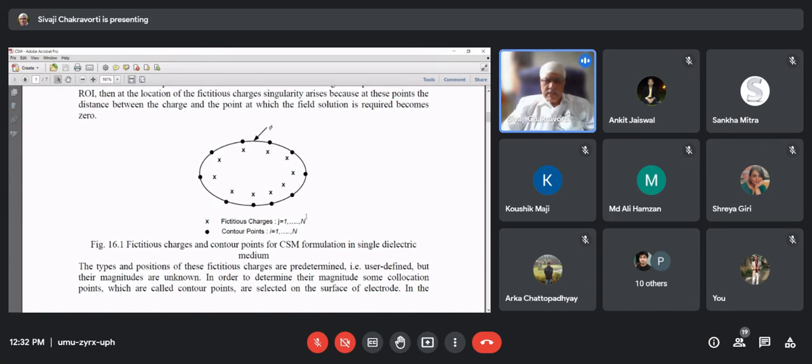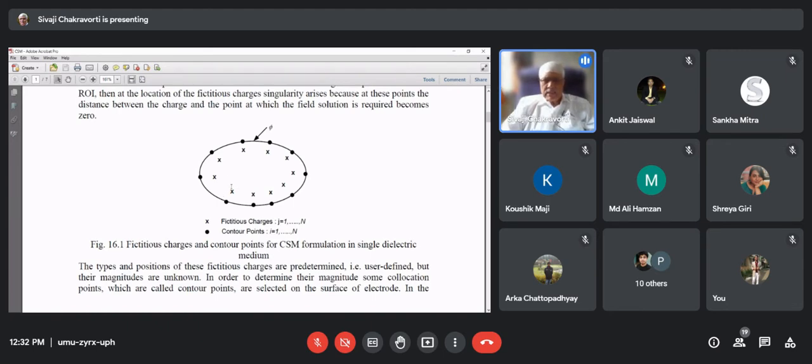Pij stands for the potential at the contour point I due to unit charge at location J. So I repeat, slowly I repeat. What is Pij? Potential at contour point I due to unit charge at charge location J.